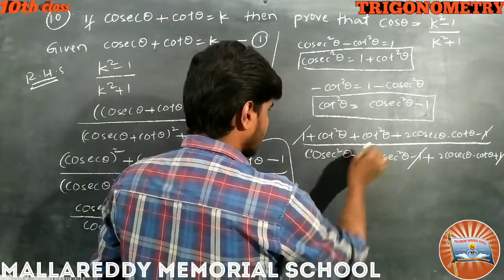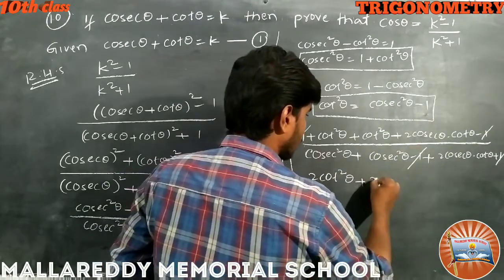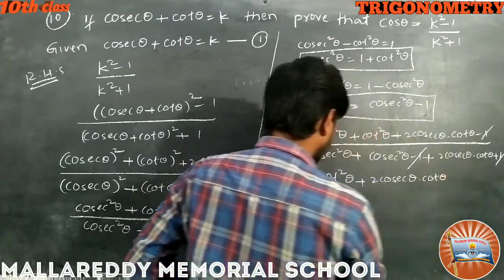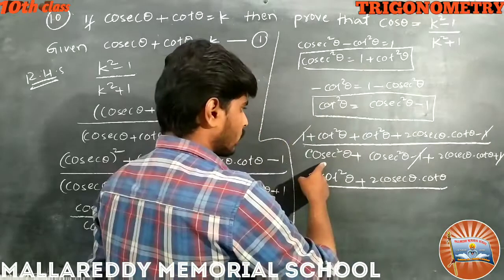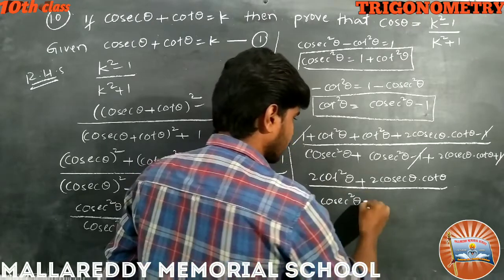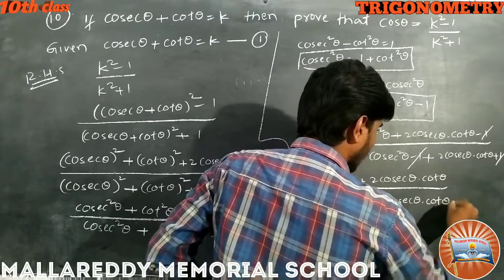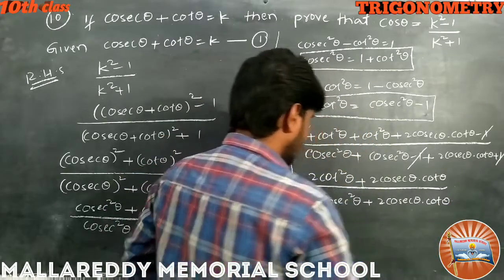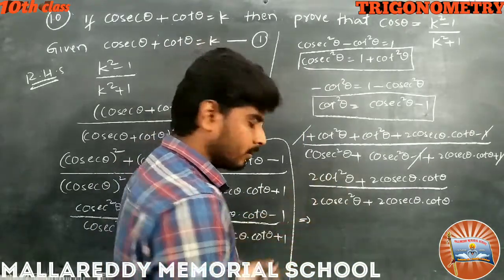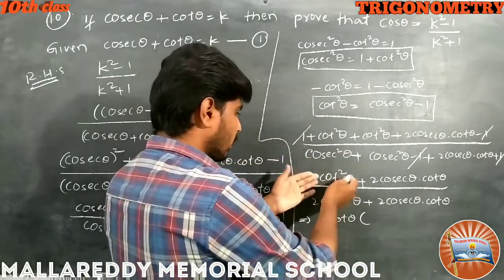Cot square theta plus cot square theta, 2 cot square theta plus 2 cosec theta into cot theta, by 2 cosec square theta plus 2 cosec theta into cot theta. And the next step, here I am taking 2 cot theta common. So if I take 2 cot theta common, 2 cot theta comes out.